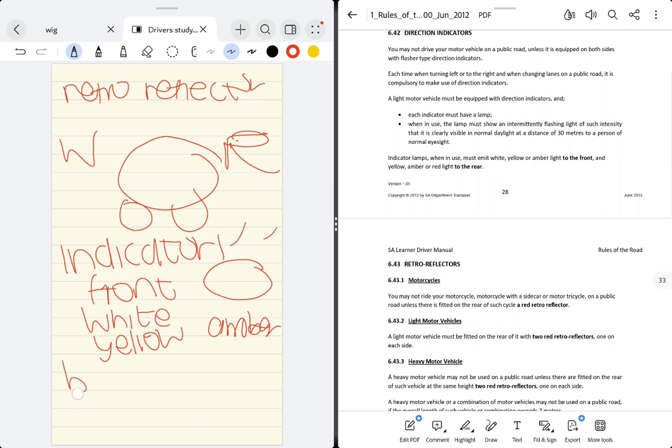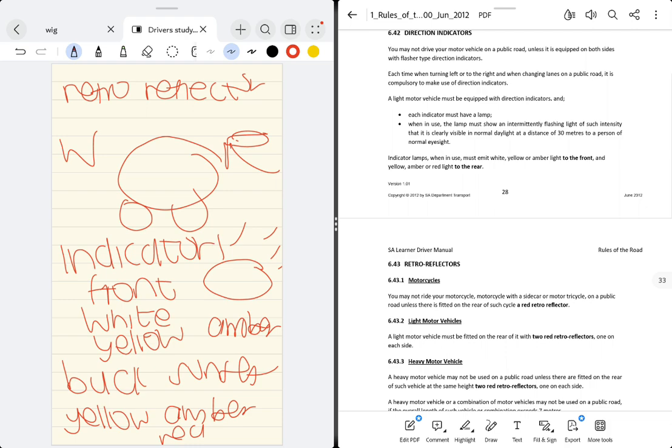And then at the back it emits yellow, amber, red. So think of sunrise, sunset. Yellow and amber is common. In the front it's white, at the back it's red. Think of sunrise. Those are the indicator lamps.